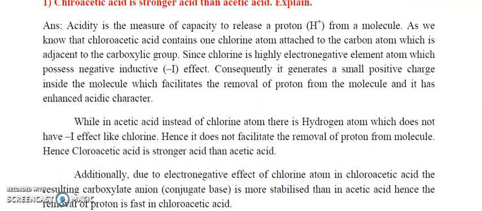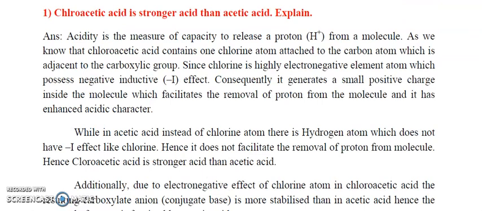You can see here I have written the answer. Acidity is the measure of capacity to release the proton from a molecule. As we know, chloroacetic acid contains 1 chlorine atom attached to the carbon atom which is adjacent to the carboxylic group. Since chlorine is a highly electronegative atom, it possesses the negative inductive effect. Consequently, it generates a small positive charge inside the molecule which facilitates the removal of proton from the molecule and enhances the acidity.